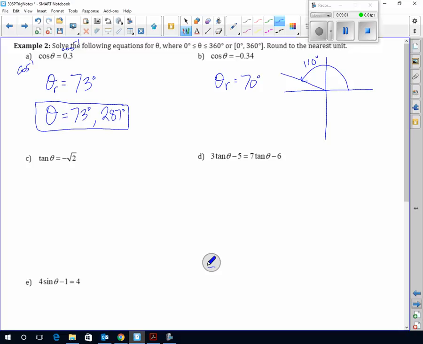Jessica inadvertently figured out if you don't put the sign in, she actually gets the reference angle, 70 degrees. So what I want you to do from now on is don't worry about this negative sign when you do it. Then you will automatically get the reference angle because the calculator will automatically give you this first quadrant answer. Now, the answer isn't the first quadrant necessarily, but it's the reference angle.